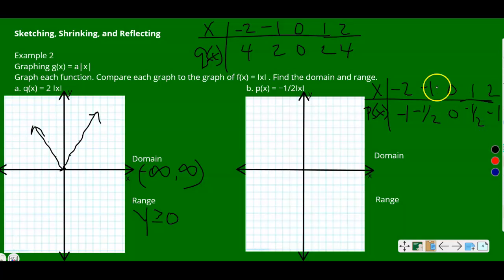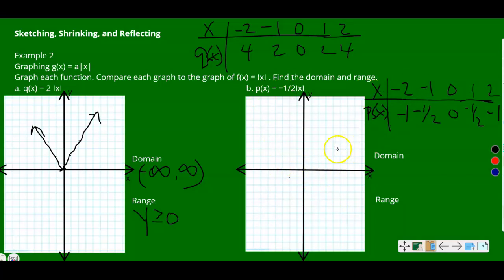All right, so let's graph the ordered pairs again. Negative 2, negative 1. And this should make sense because where this is a negative number, remember that's a reflection across the x-axis. So we are reflecting across the x-axis. So now our V-shape is going to be upside down.